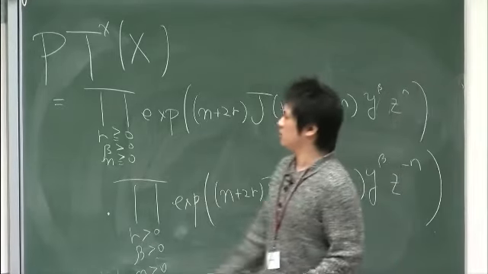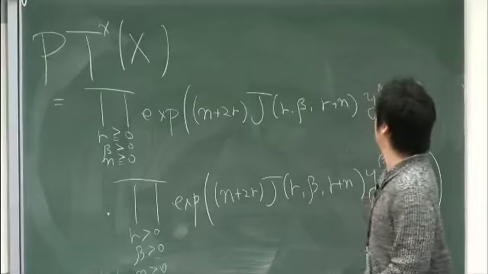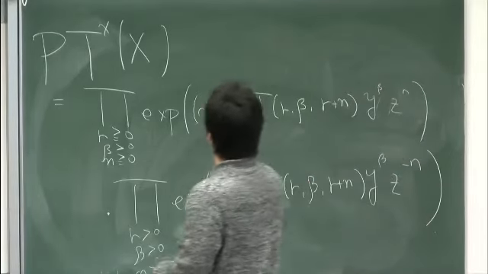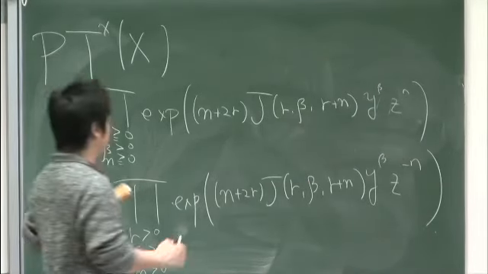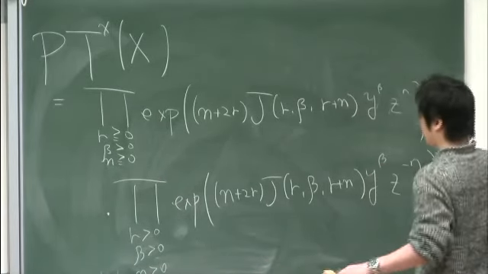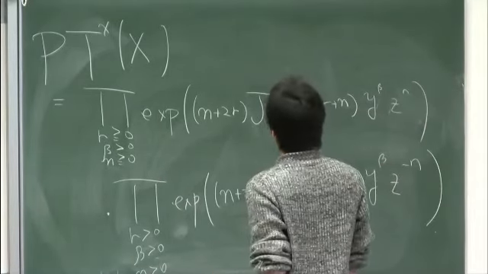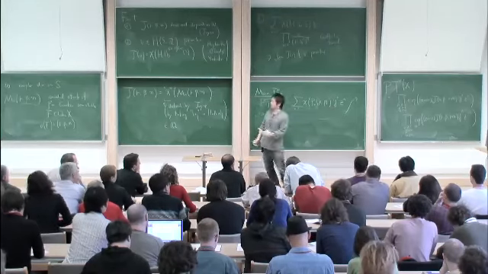So this is the result. As I said, this is also a consequence of the wall-crossing formula. So this formula completely reconstructs the Kawai-Yoshioka result.